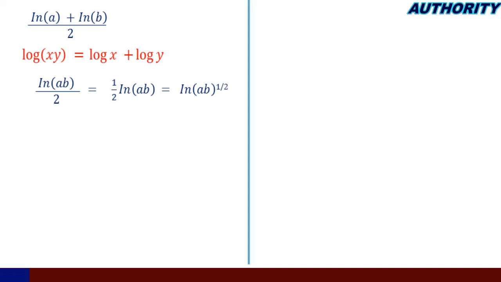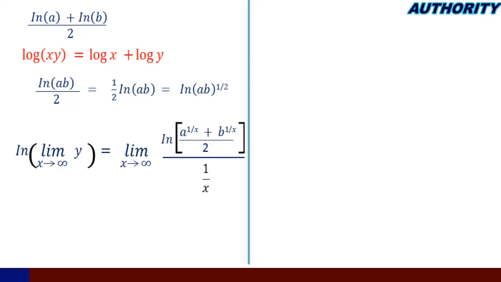Yes. Now let's go. All these things we have been evaluating is actually ln, open bracket, limit as x approaches infinity y equal to limit as x approaches infinity ln, open bracket, a raised to the power of 1 over x plus b raised to the power of 1 over x all over 2 all over 1 over x.